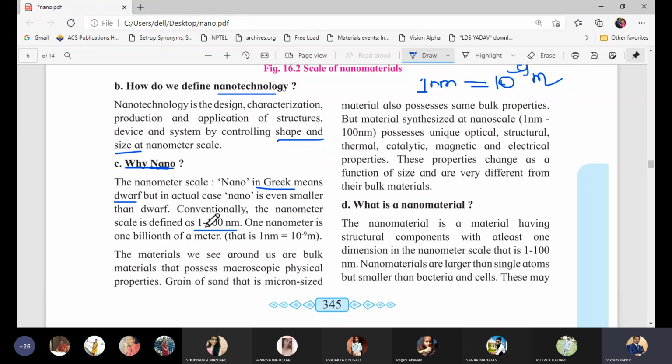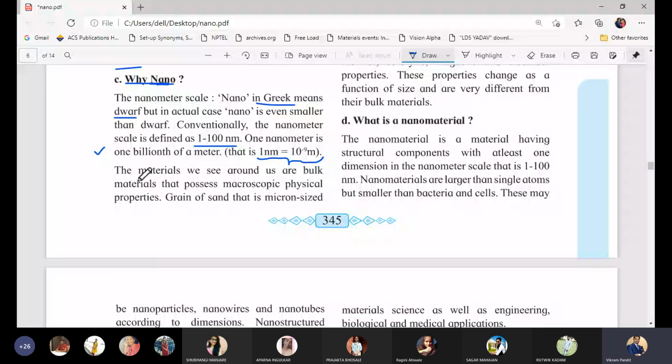Then the material we see around us is everything known as bulk, like the grains which we are eating or the sand particles, all are in the bulk scale. We can convert them into nano by using certain procedures, which are also discussed here. All these bulk particles have their own properties.